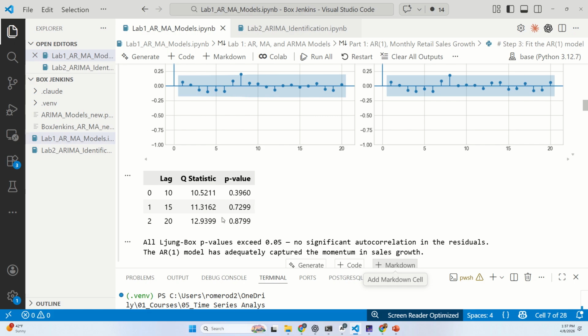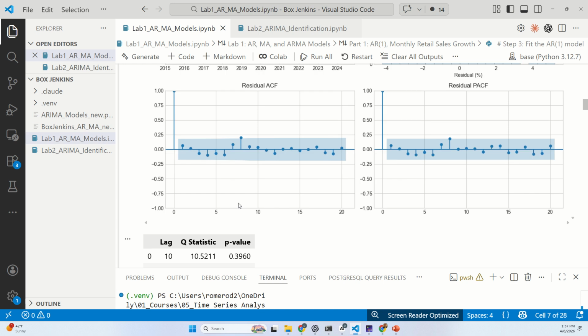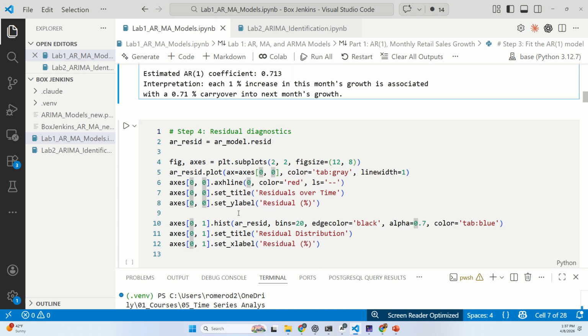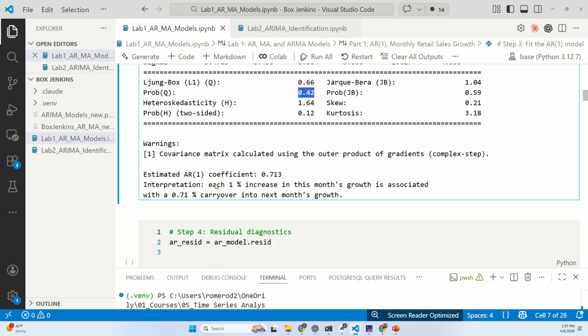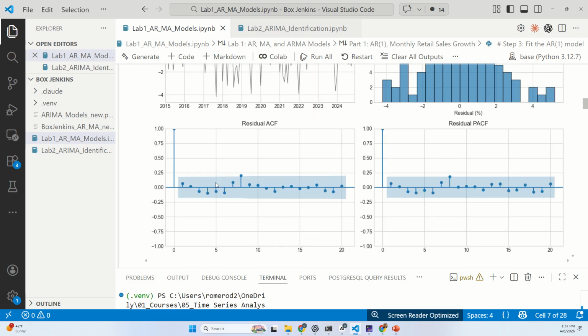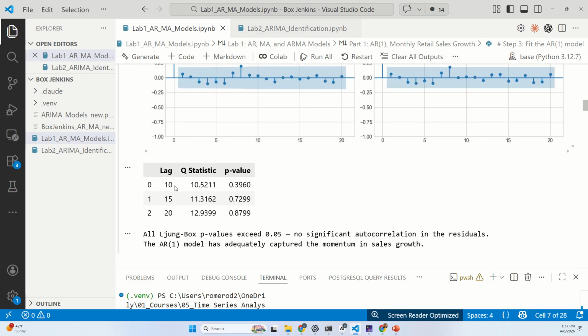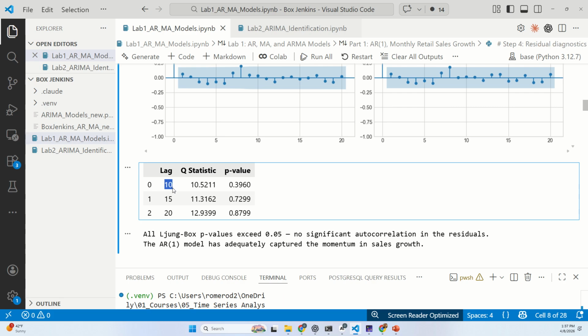Now, the Ljung-Box, you can compute it for different lags. The default in our previous table is lag 1. But in general, it's a good practice to have different lags because this is a cumulative value. So if you use lag 10, it will evaluate the autocorrelation for all lags between 0 and 10.